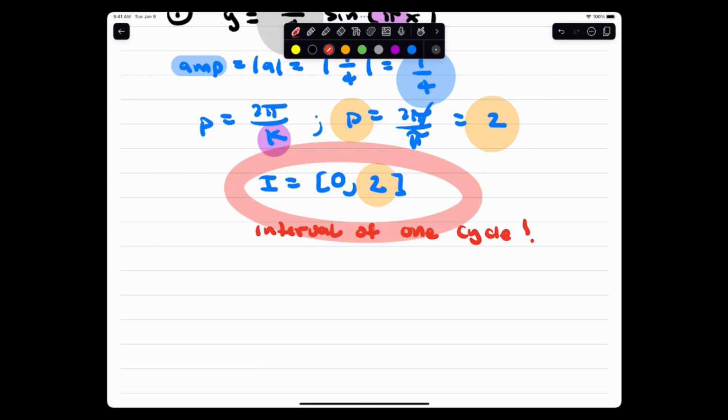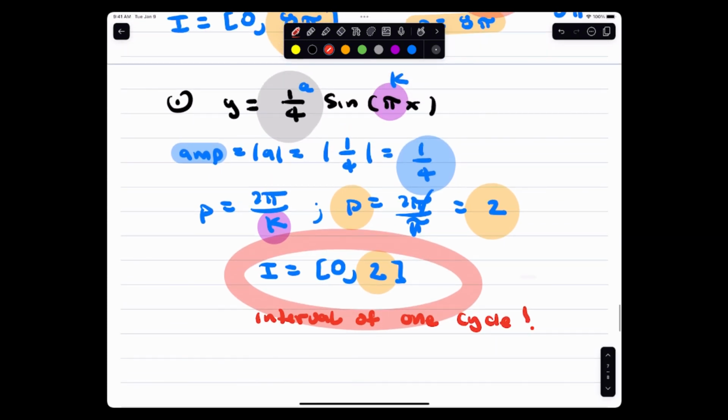Cycle. Interval of what? What does one mean? What do you guys think one means? One cycle. Right? What do you think one cycle means?